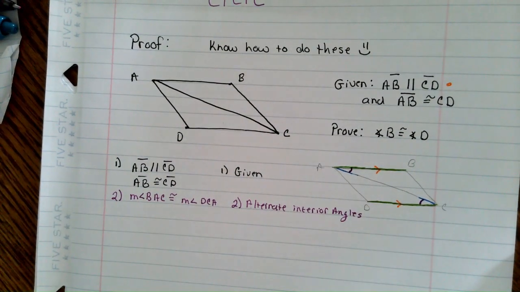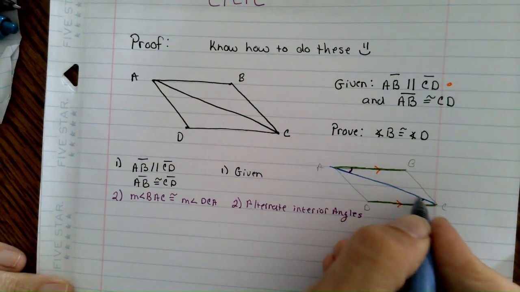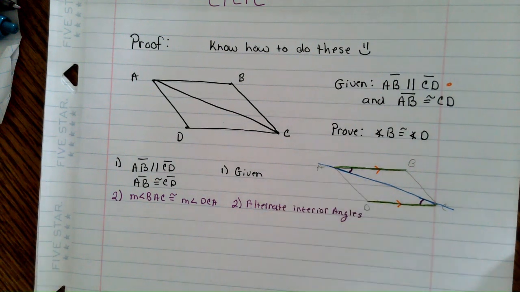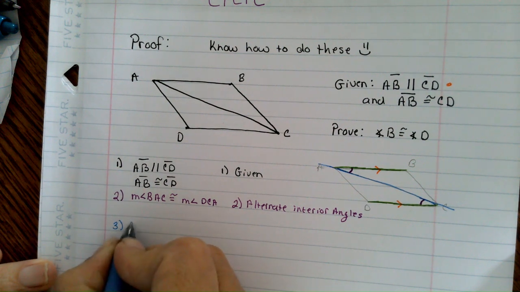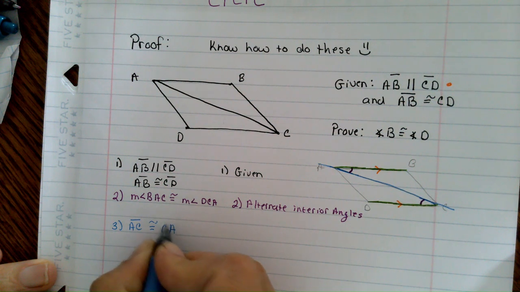Now what I just marked in blue is that transversal, right? Don't they share that side? Yeah, they share that side. So anything is equal to itself. So on 3, we're going to say AC is congruent to CA.